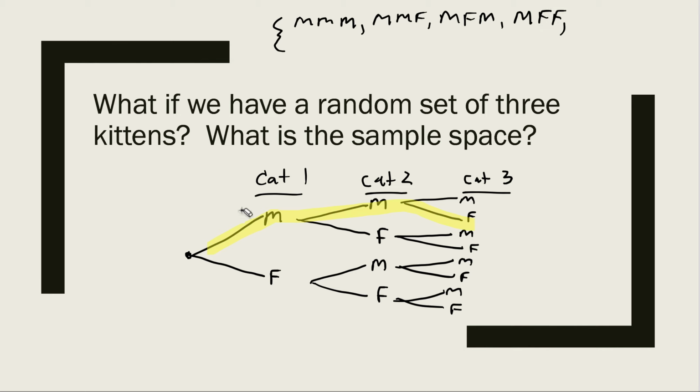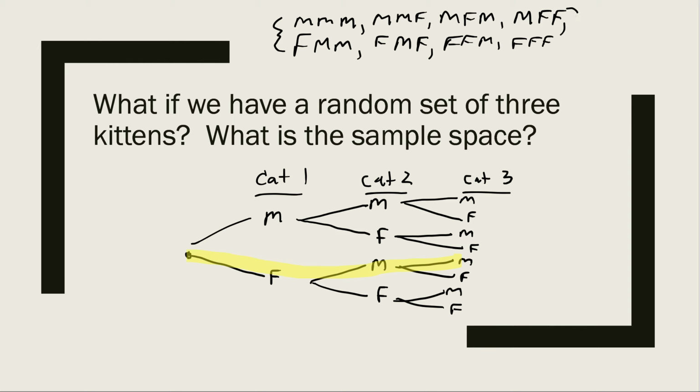And that would take care of the top 4 there. And then as we move down, we would have female, male, male as our next one. Then we would have female, male, female, female, female, male, and then all 3 females.